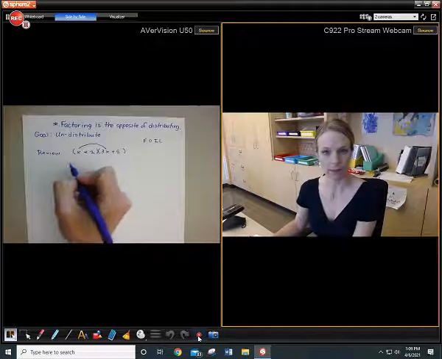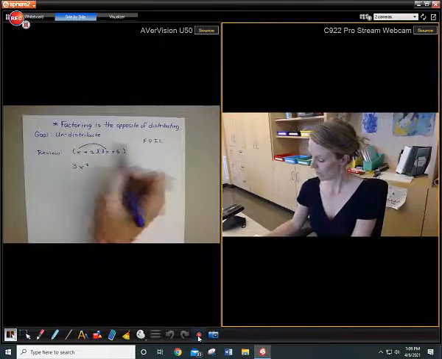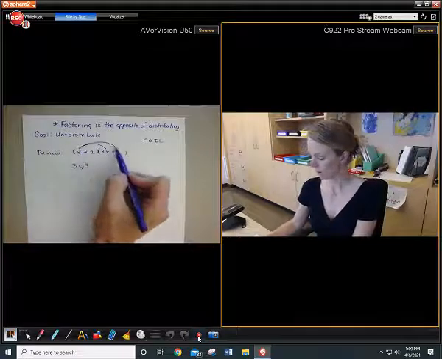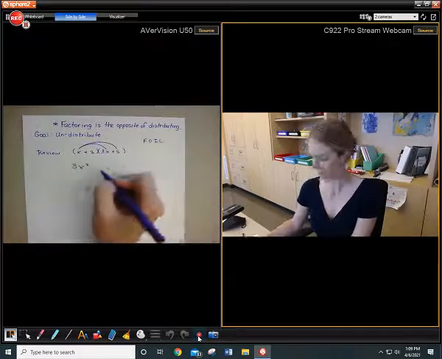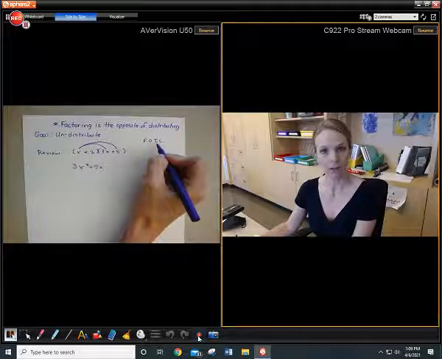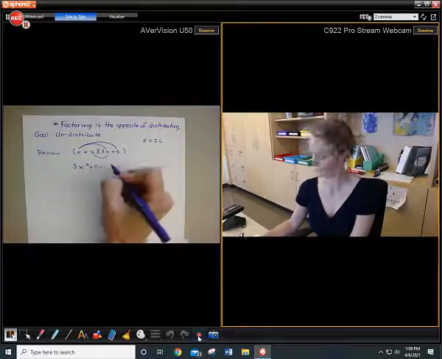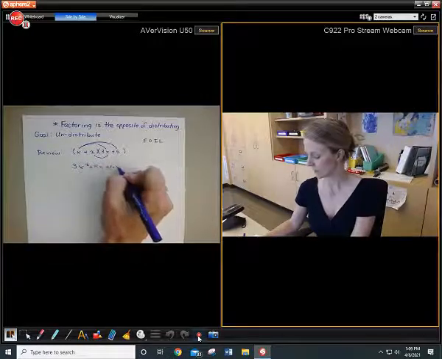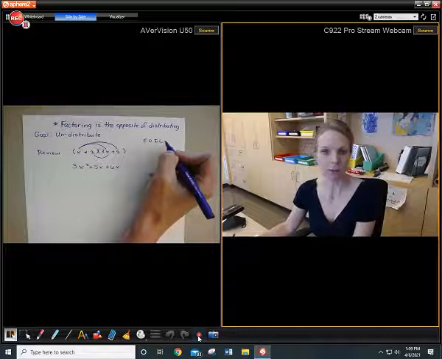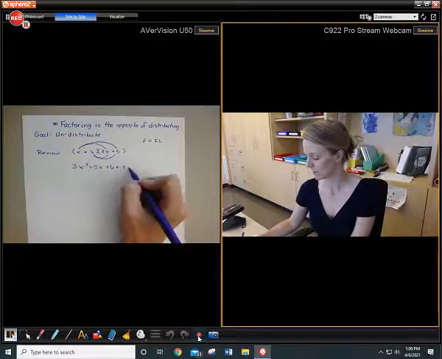So 3x times x gives you 3x squared. The O represents you distributing the outer terms, so x times 5 is 5x. The I represents you distributing the inner terms, so 2 times 3x gives you a 6x. And then the L represents you distributing the last terms, 2 times 5, which gives us 10.